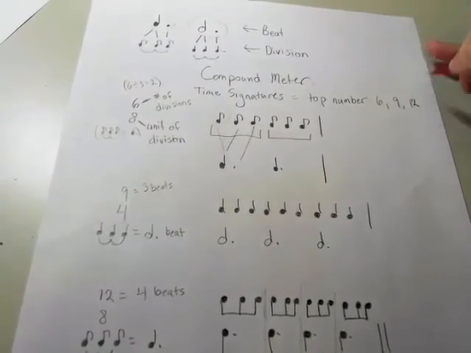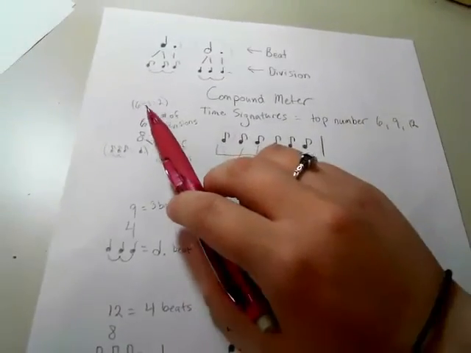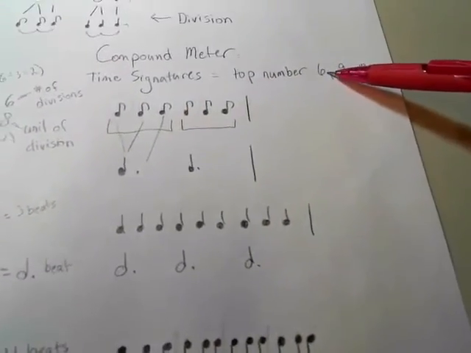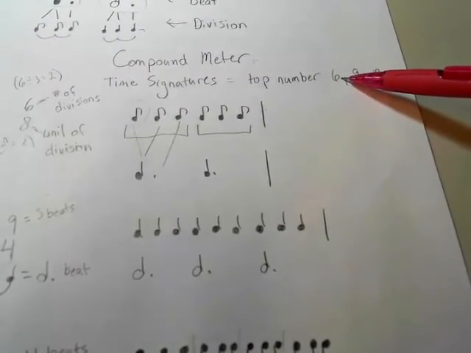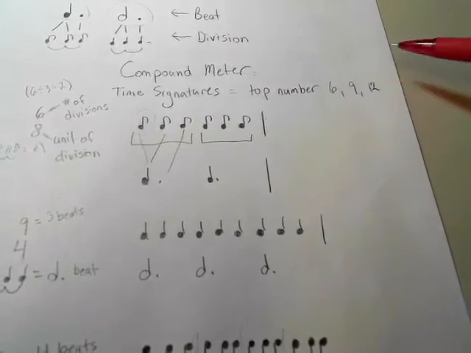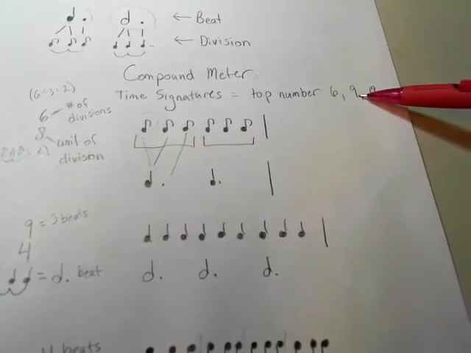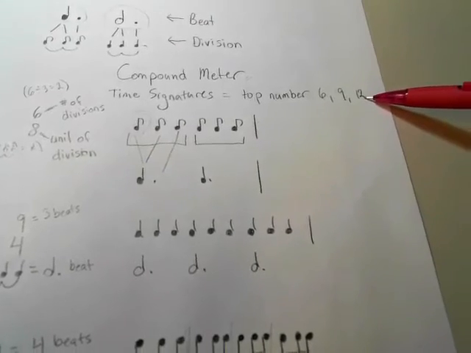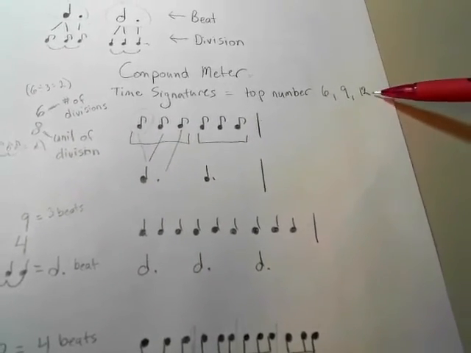And this is because you can divide them by 3 to find out how many beats you have. 6 is always duple times 3. So 2 times 3 is 6, that's a duple meter. 9 is 3 times 3, so that's a triple meter. And 12 is 4 times 3, so that's quadruple meter.